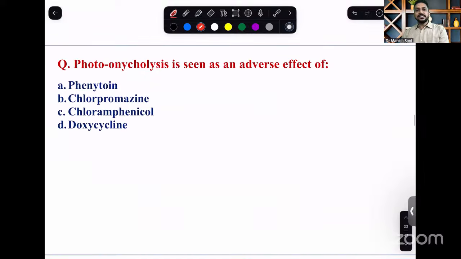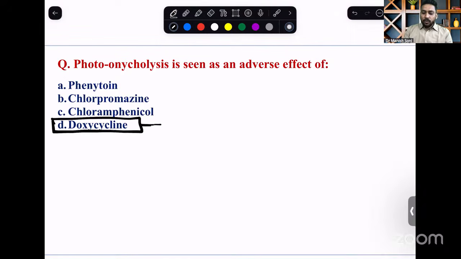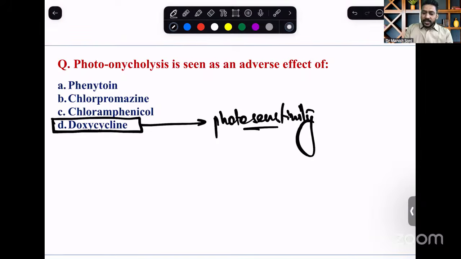Now, photoonycholysis is seen as the adverse effect of. So remember that among these drugs, the tetracycline group of drugs are known for photosensitivity. And one very specific type of photosensitivity is seen with doxycycline, which is known as photoonycholysis. Very obvious from the name itself.